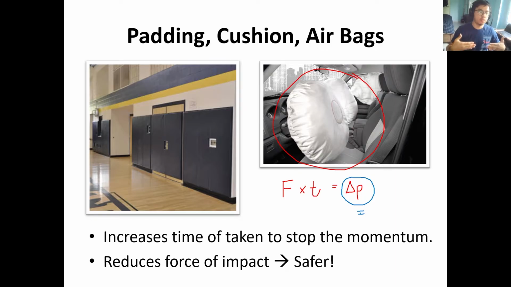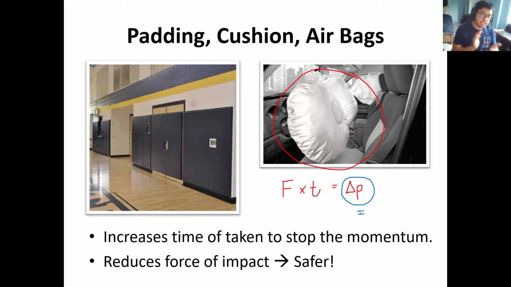You are moving at a very fast velocity and you are being stopped. If you want to be safe, that change of momentum needs to occur over an extended period of time.